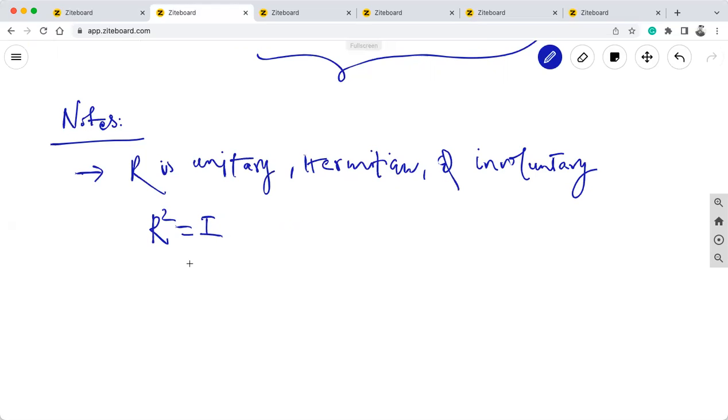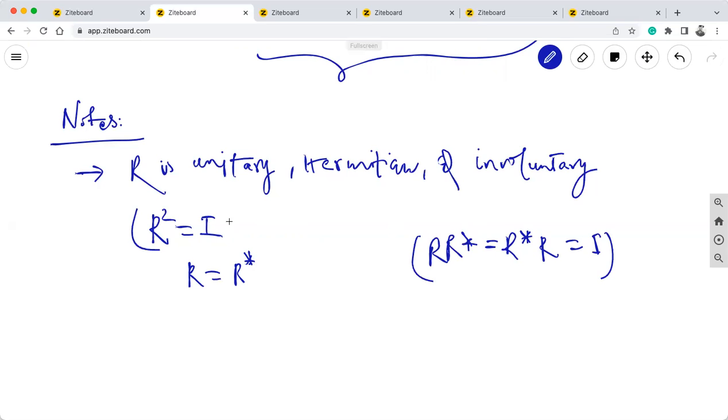Because R is Hermitian, R equals R star, right? And if R squared equals I, that is involutory. Because it's unitary, R star R equals I. This is the unitary property, this is the involutory property, and this is the Hermitian property.